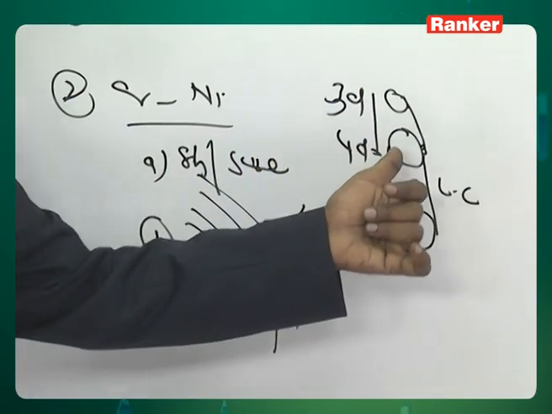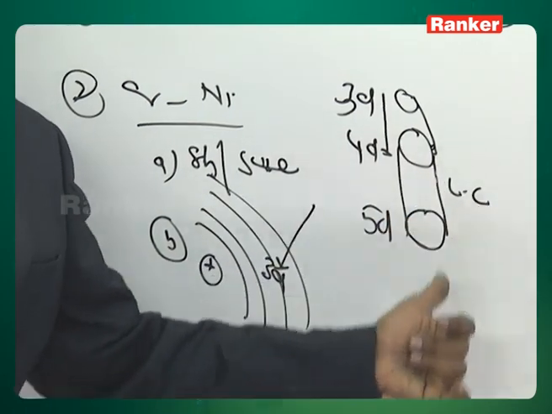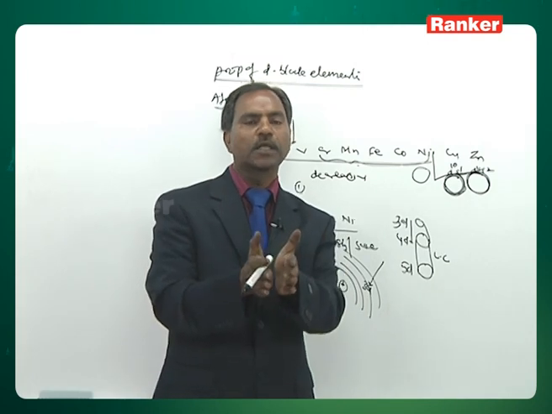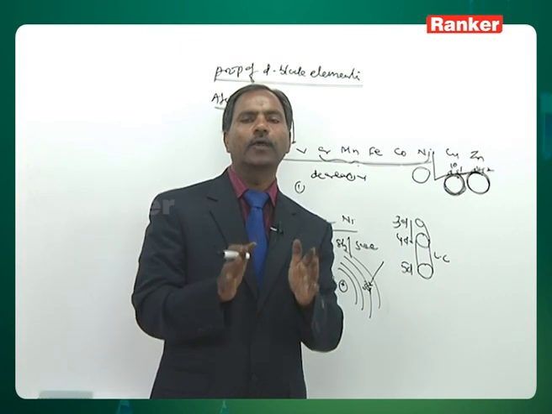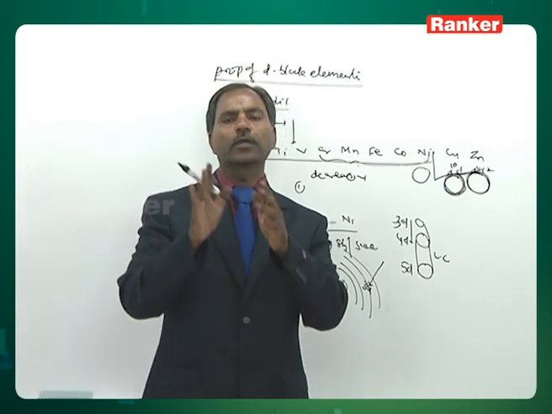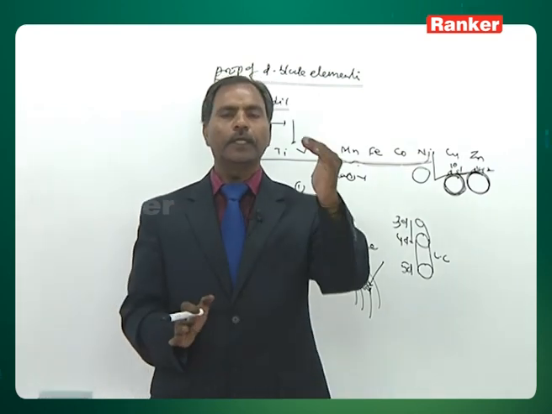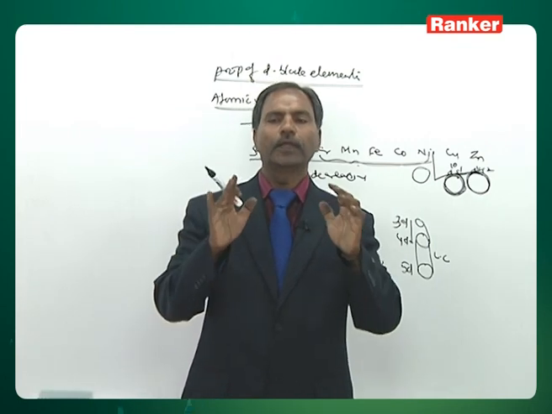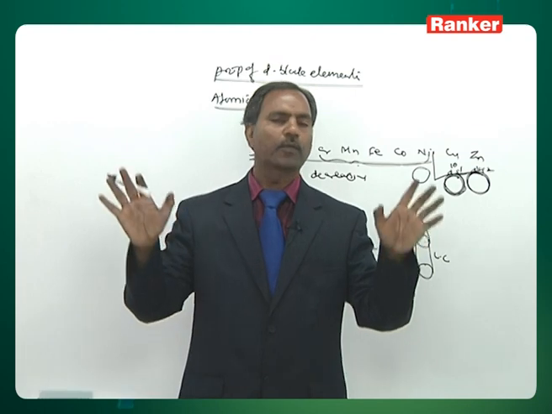But here, 4D and 5D, due to the lanthanide contraction effect, have more or less the same sizes. Once they have the same sizes, 4D and 5D show much more similarities in their properties. What can we conclude now? The 3D to 4D atomic size difference is large, therefore 3D and 4D elements exhibit greater differences in their properties.